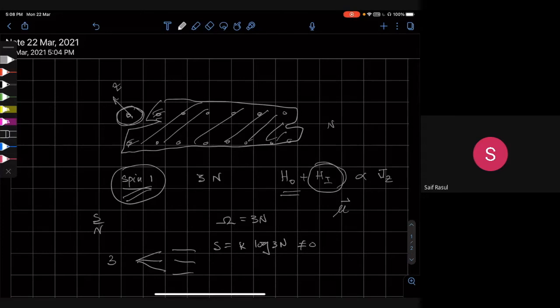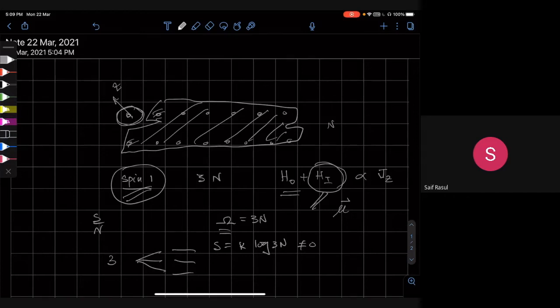I didn't go into multi-particle problems because it's mathematically involved, but I wanted to give you a flavor of how adding a symmetry-breaking term lifts the degeneracy of the ground state, and therefore the number of configurations in the ground state is much less. Okay.